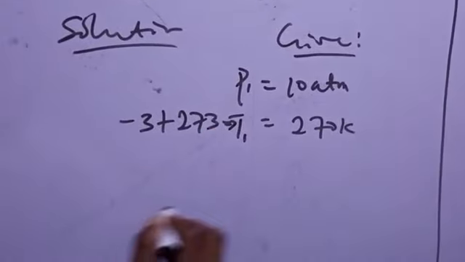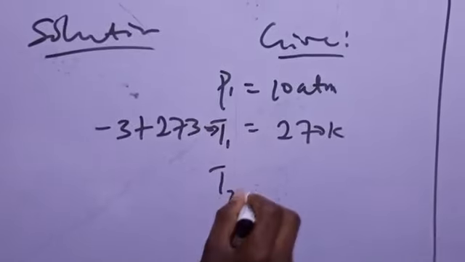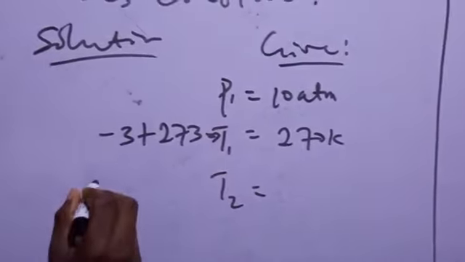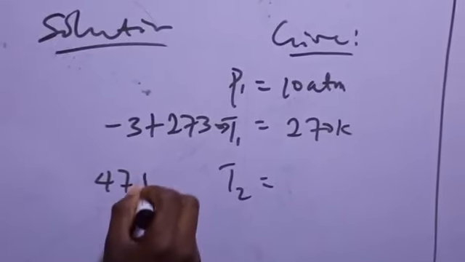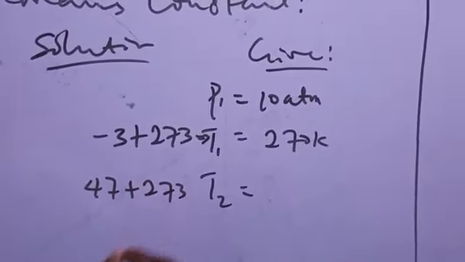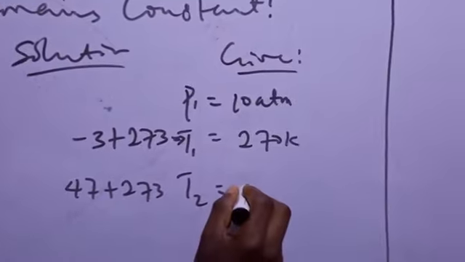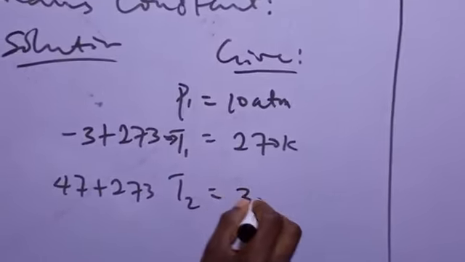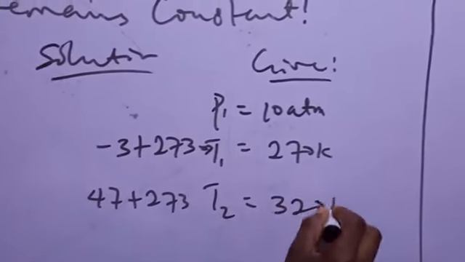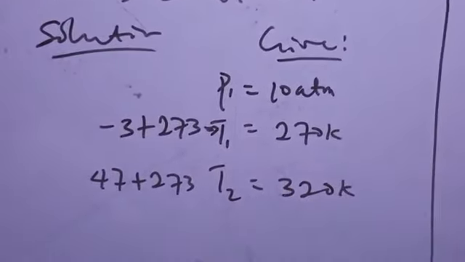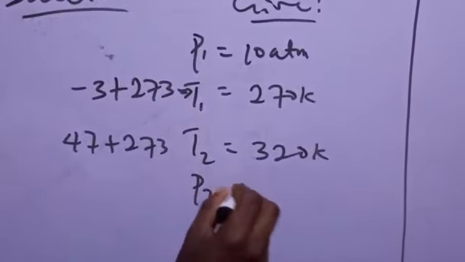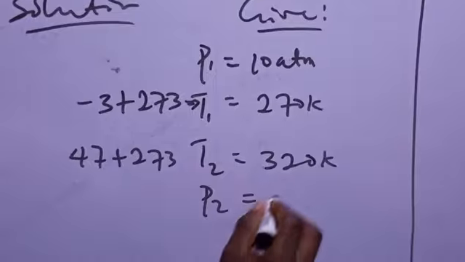T2 is 47 plus 273, so T2 is 320 Kelvin. Now P2, the second pressure, is what we're asked to look for.